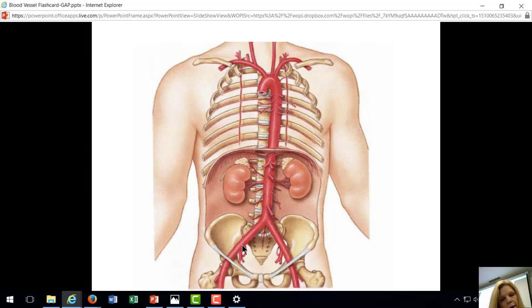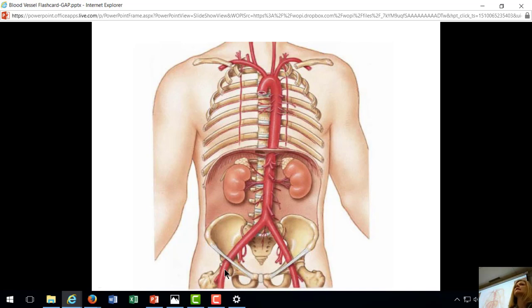So before it branches, just this portion here and here is the common iliac. After that, the small branch coming down is the internal iliac. So here and here is the internal iliac. Then it branches down to become the external iliac as it passes through the hip. So the external iliac is after that.